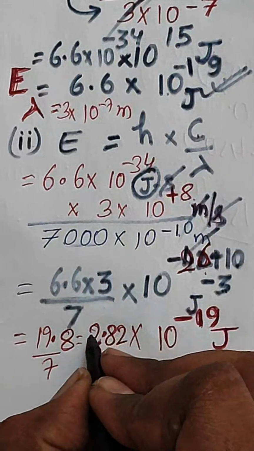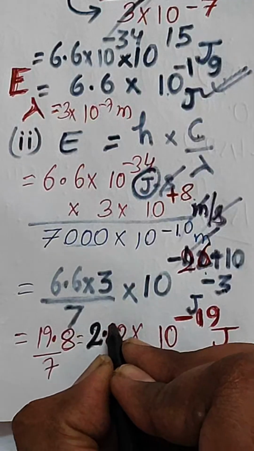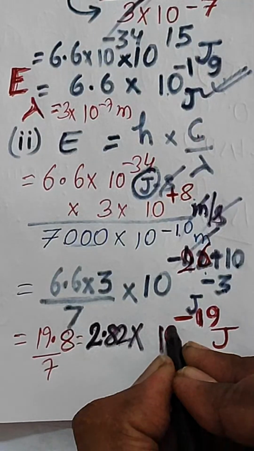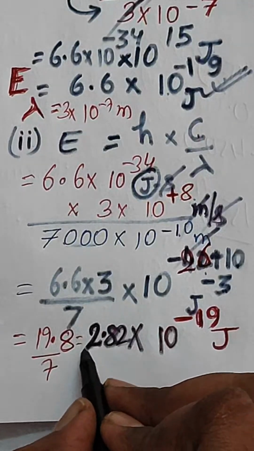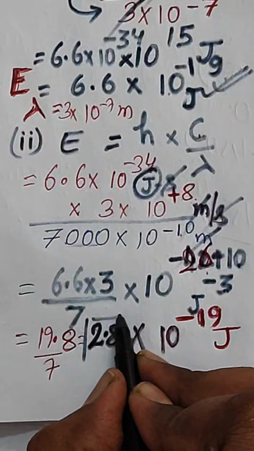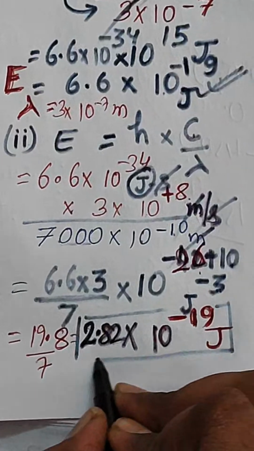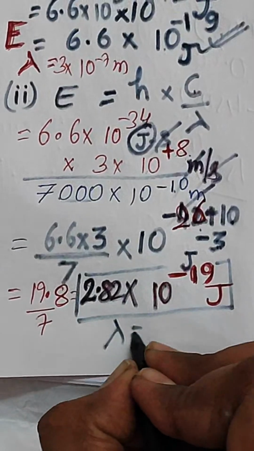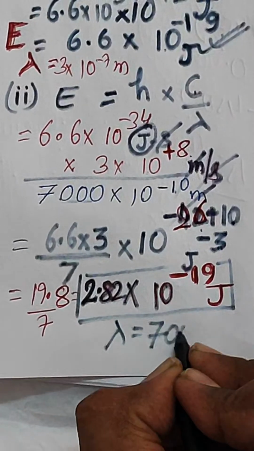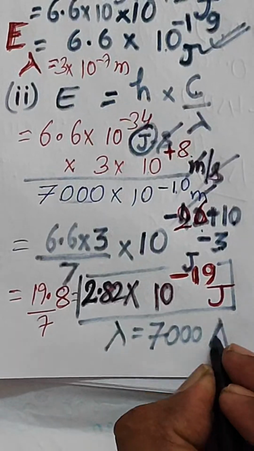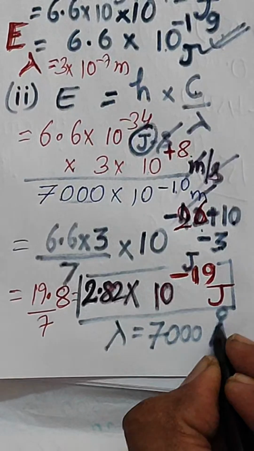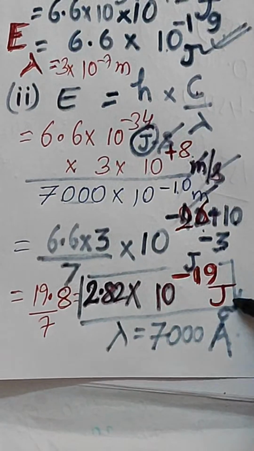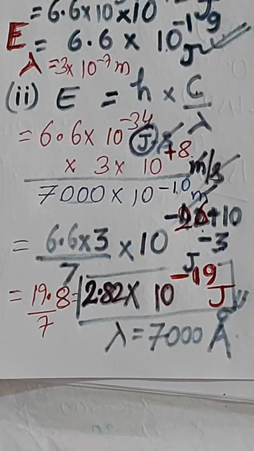So it's around 2.82 into 10 power minus 19 joule. This is the energy for what? For lambda equal to 7000 angstrom. For 7000 angstrom, this will be the energy level.